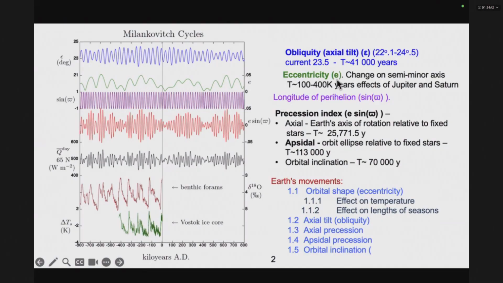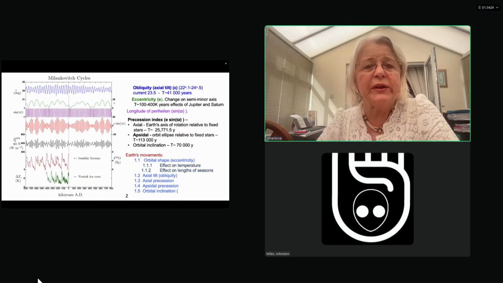Then we have eccentricity, which gives a period of about 100,000 to 400,000 years, and the precession index, apsidal index, and so on. These all give periods from 15,000 to 130,000 years, but none of them gives 2,000. So we needed to look elsewhere.